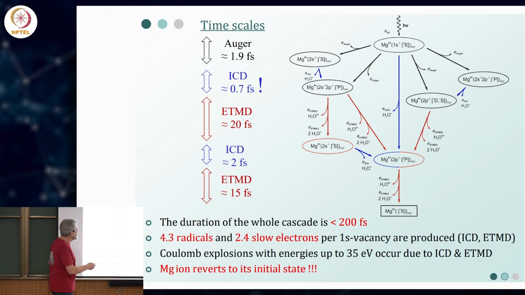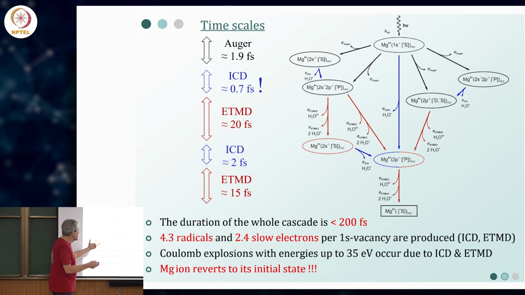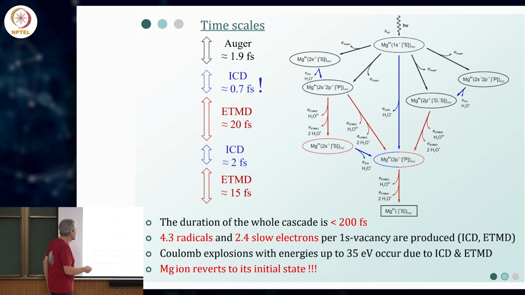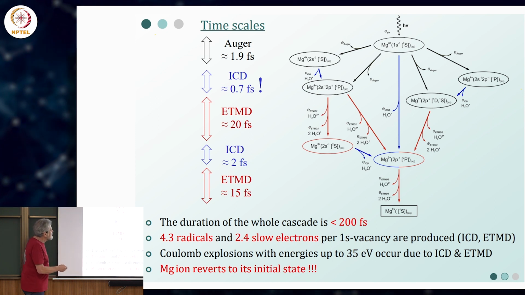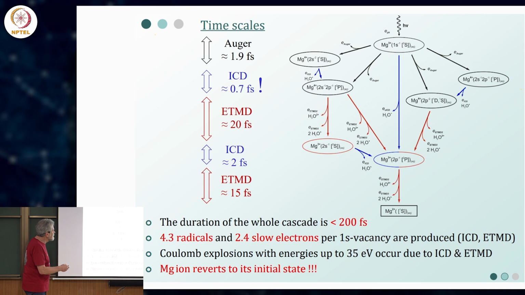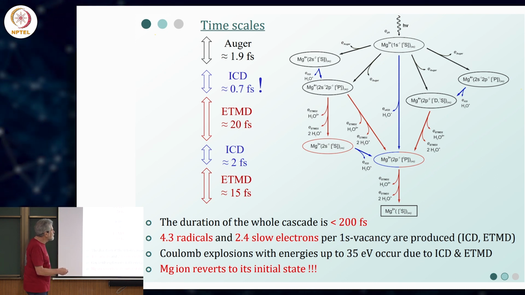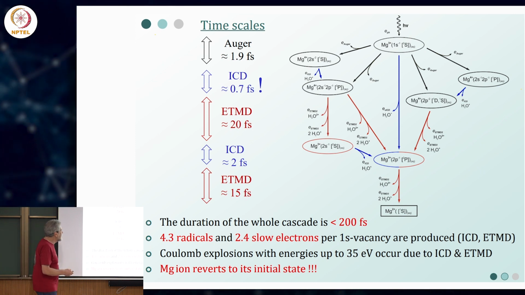So Auger electron is emitted here, here, here, and here with some propensity. Yeah? So only one step happens in every case. So these are the states which are produced by Auger. So 3+ it became due to ionization with the X-ray photon, and now it's 4+ due to the Auger. So we have now a 4+ ion in water.